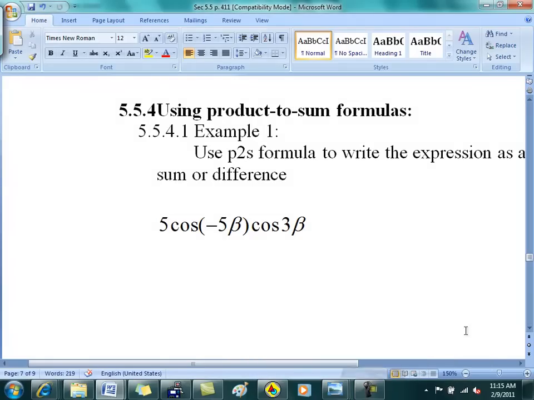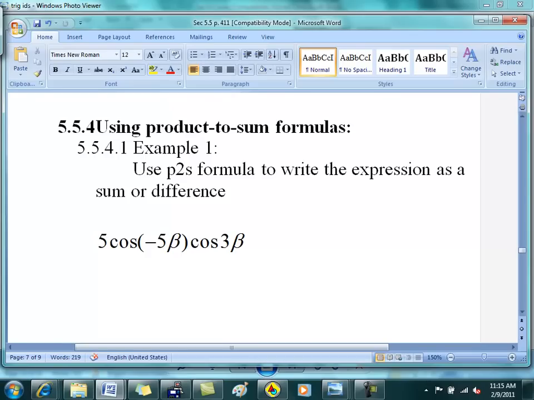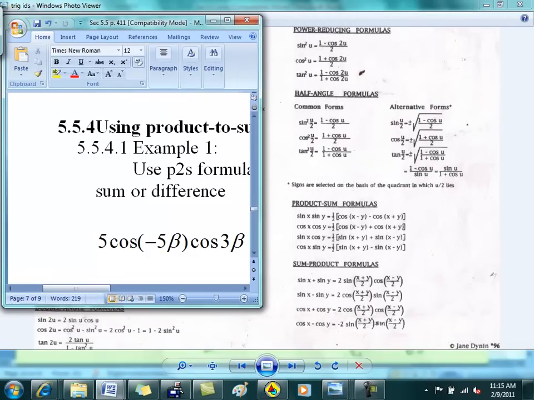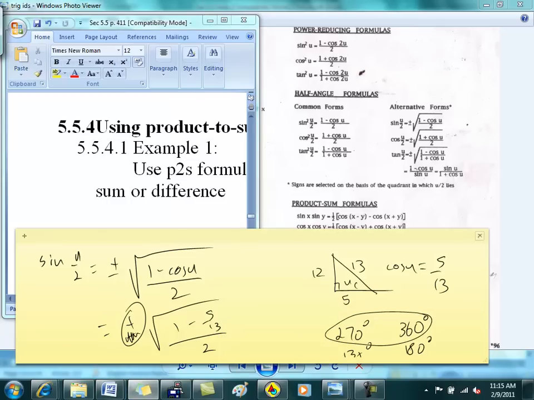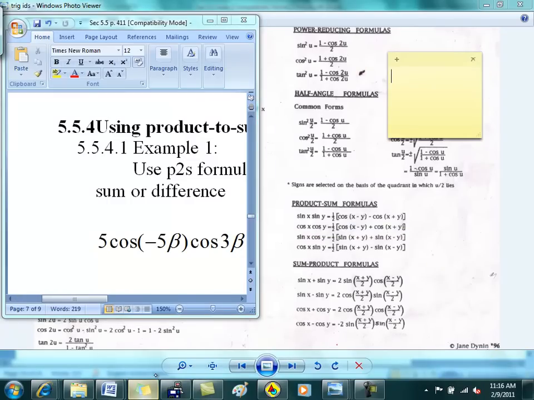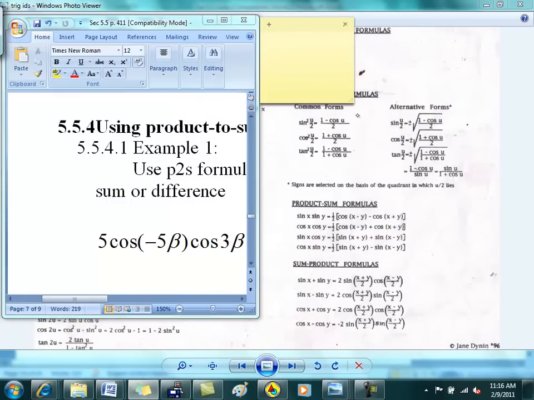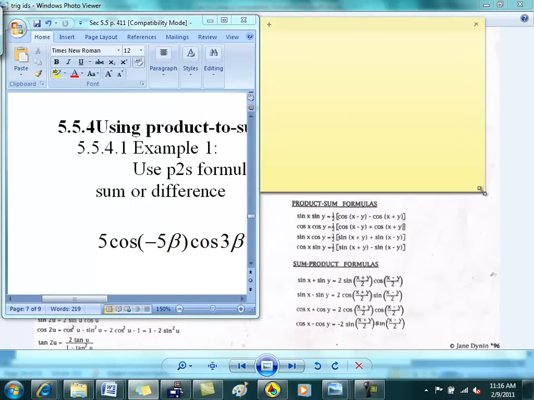Okay, so I'm going to use product to sum, which is one of these 4 formulas. So it's a cosine times a cosine. Which one am I going to use?